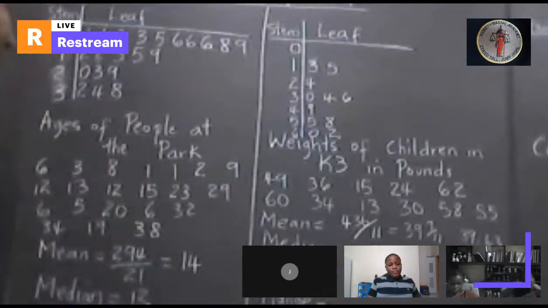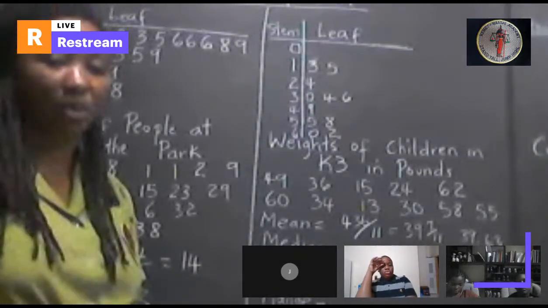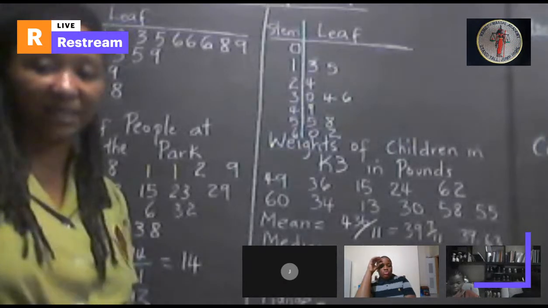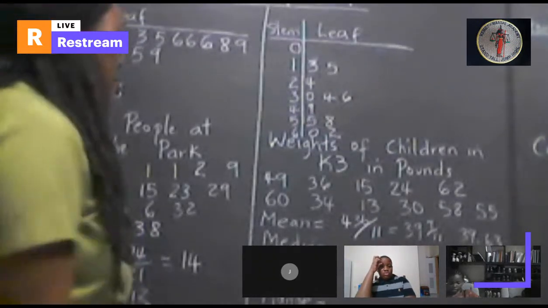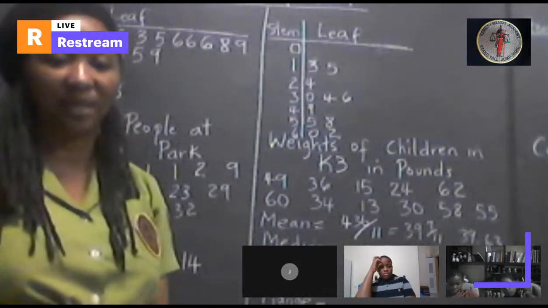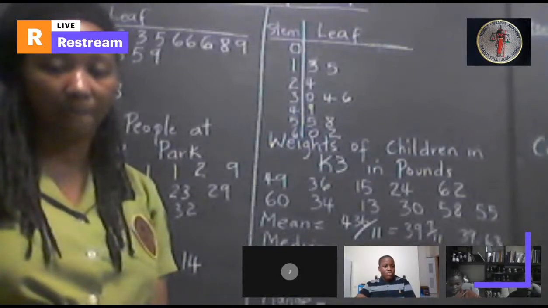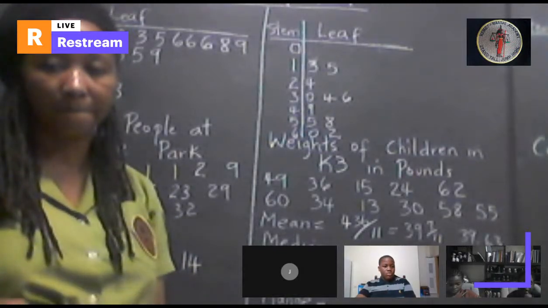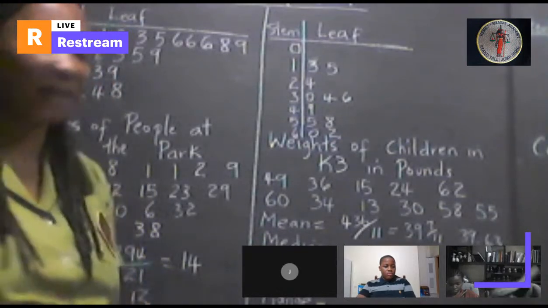Now the median is the middle number. Since there are 11 of them, one number will fall in the middle because it's an odd number of numbers. So how many numbers should we have on each side? We should have 5 to one side and 5 to the other side.